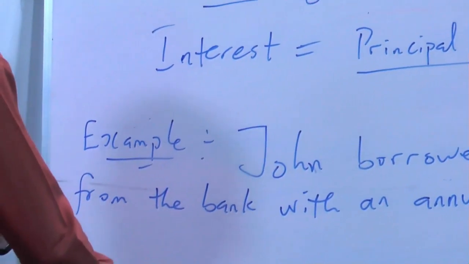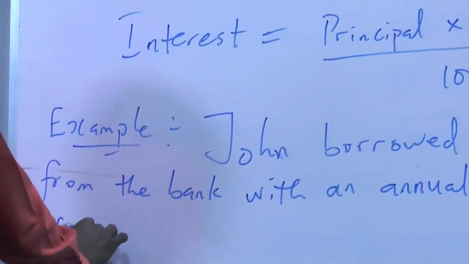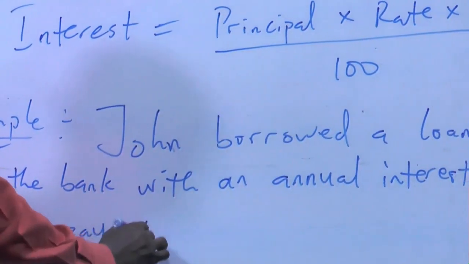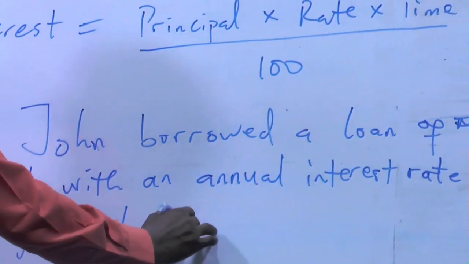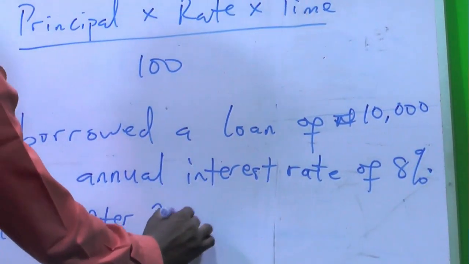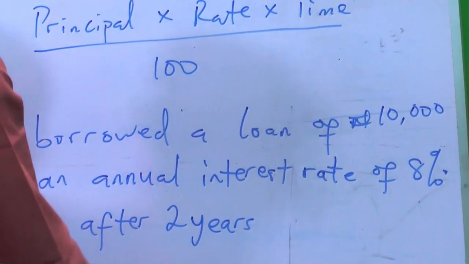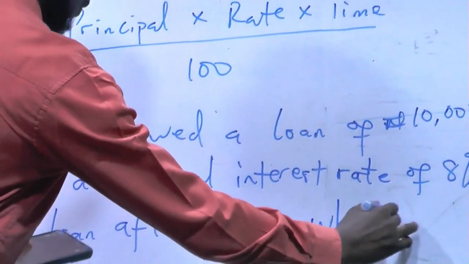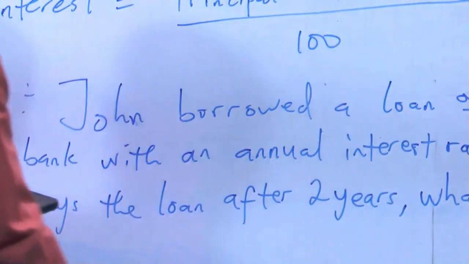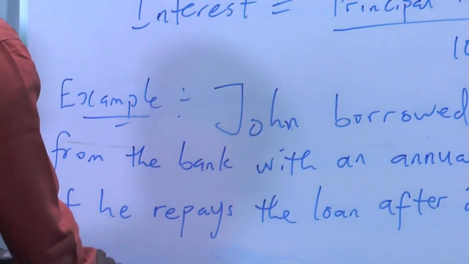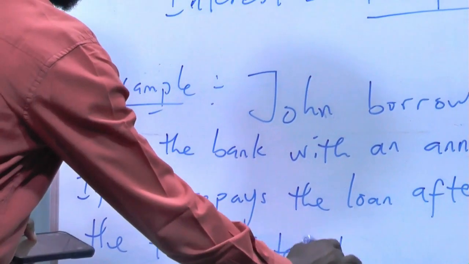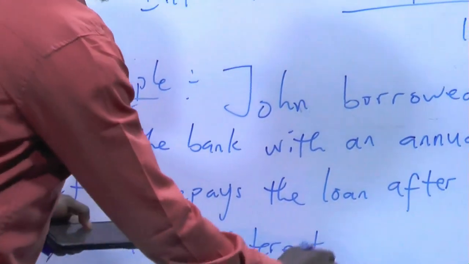Now you say if he repays the loan after 2 years, comma, what will be the total interest he will pay?